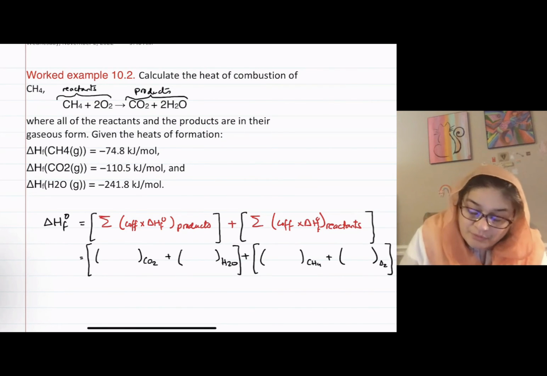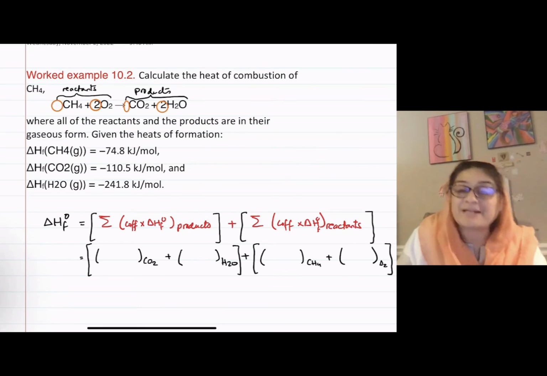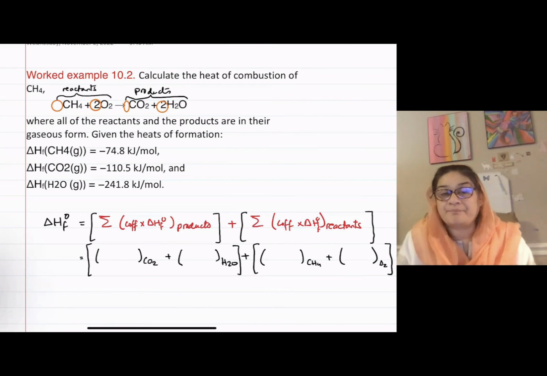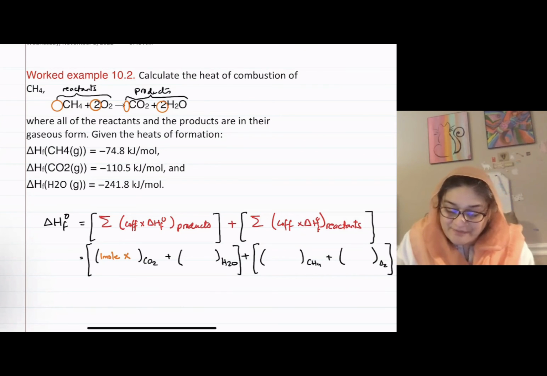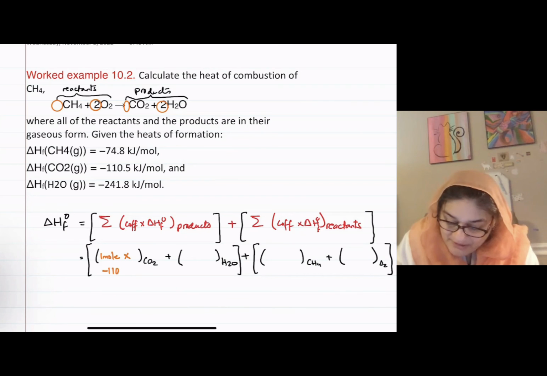Pick out what is needed here to balance this equation. That's the coefficients that we've been talking about. So when I do CO2, what's the coefficient? 1. We call it 1 mole. Times what's the delta HF0 for carbon dioxide? Negative 110.5 kilojoules per mole.